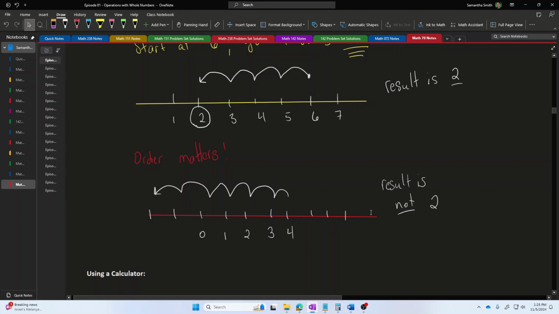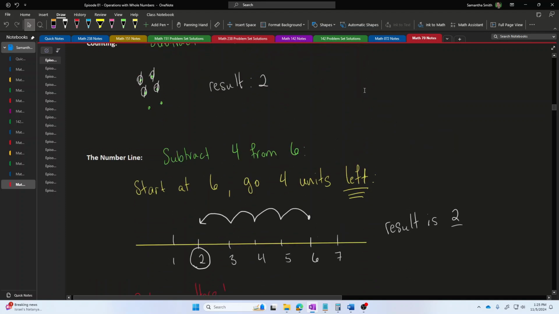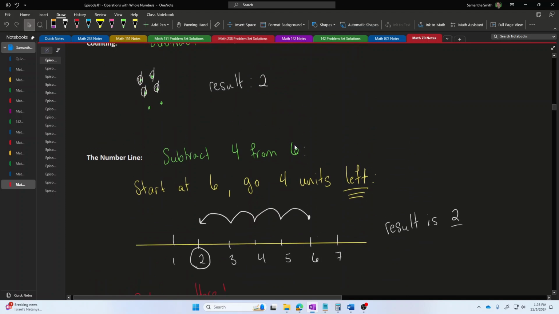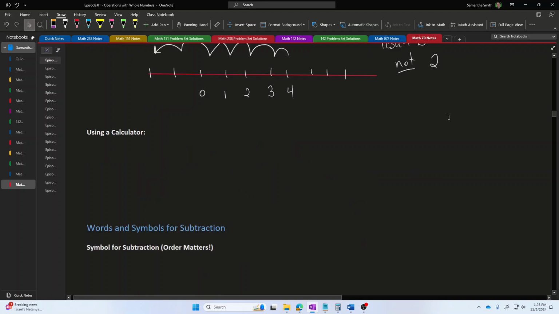So this would not be the correct way to subtract two numbers on the number line. If I am subtracting 4 from 6, I start with the number that I'm taking away from. I'm starting with 6, and then the number I'm taking away, 4, is how many units I move to the left.